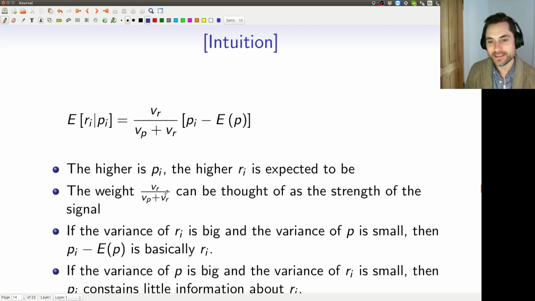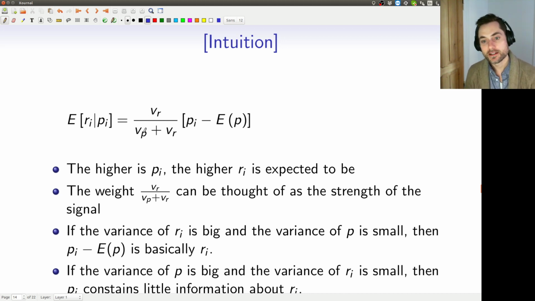This is like the strength of the signal. If we expect that this thing here is very small, so suppose that the average price level never changes, it's just always kind of the same. If I see a high Pi, since the price level is always about the same, that's probably my relative price. So when this thing is small, this term here is close to 1, and it means that I'm going to react a lot to changes in my own price that I observe.